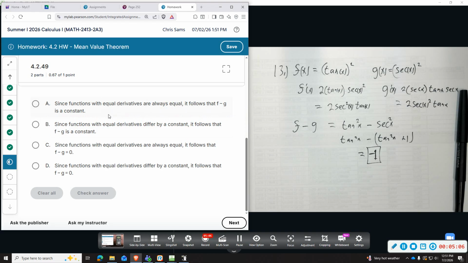Since functions with equal derivatives differ by a constant, it follows that f minus g is a constant, okay, which we can see that we get -1. Okay, so B.